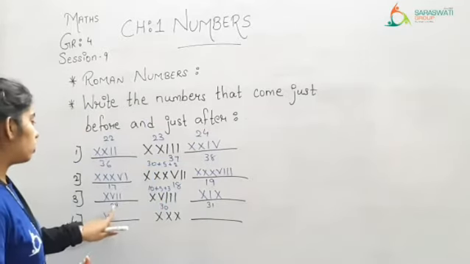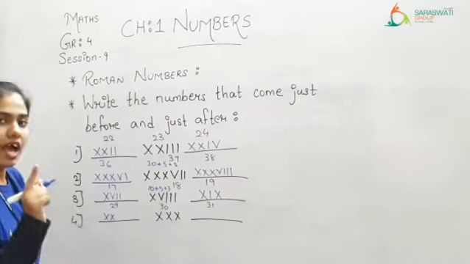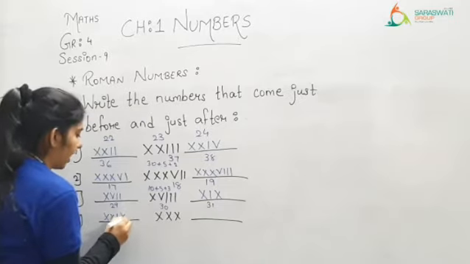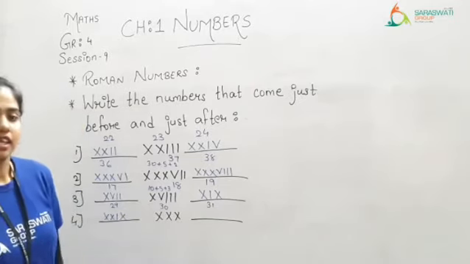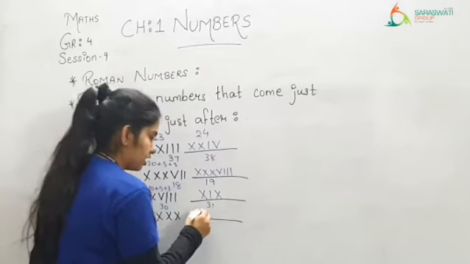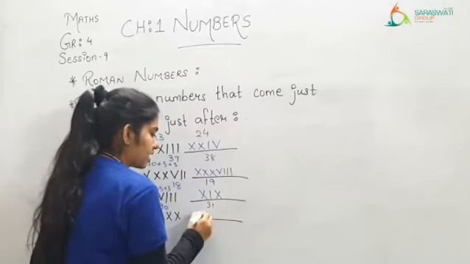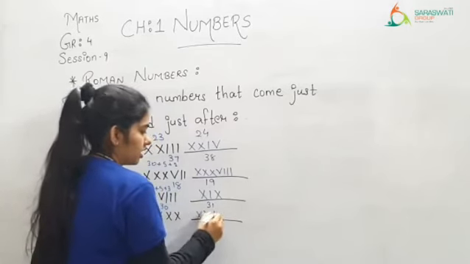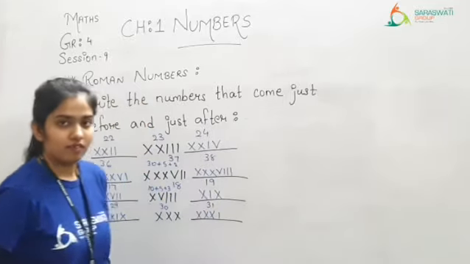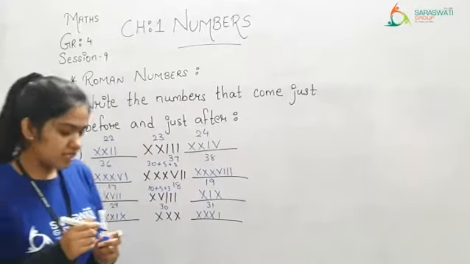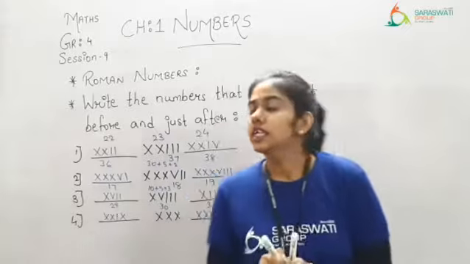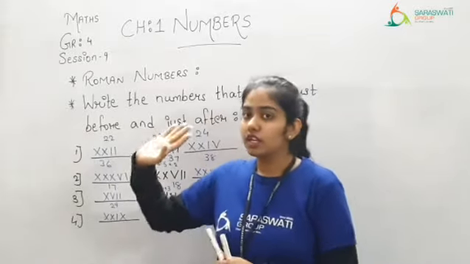Yes, the Roman value for 9 is ix. So I and x. Now 31. So here 3 is there. So 3 times x. And 1. So I. So in this way you have to write the after and before numbers.